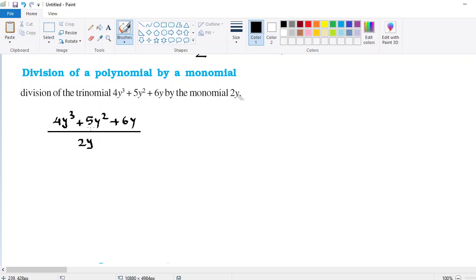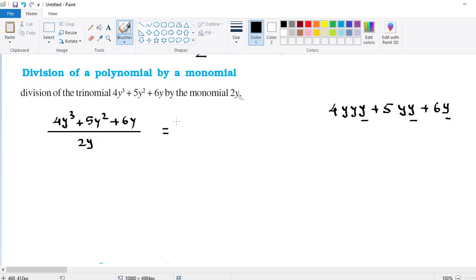As we observe, every term in the numerator has y. So let us take that y common. Now this 4y cube is actually 4 into y cube, 5y square is 5 into y square, and the last term is 6 into y. So each one has at least one y in common.